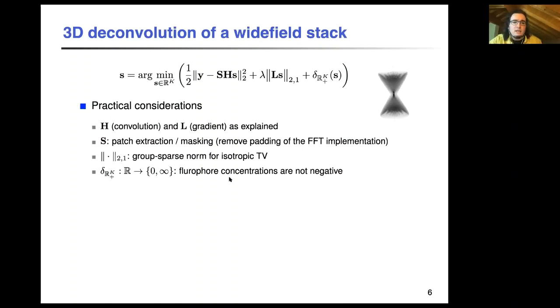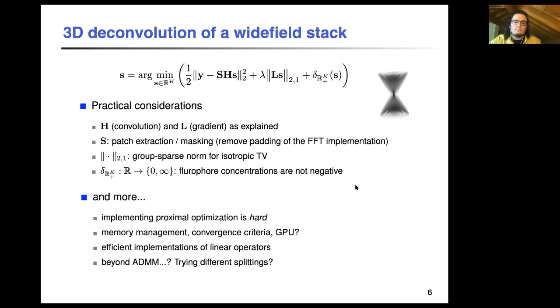So that you do in proximal optimization or these kind of second generation methods by imposing a regularizer, which is basically an indicator function that puts infinite cost to some value in the volume not being non-negative, so being negative.